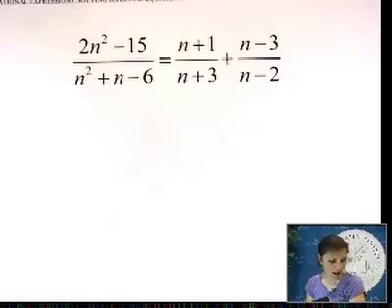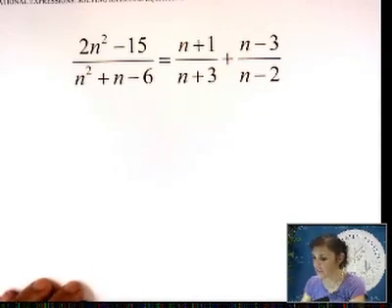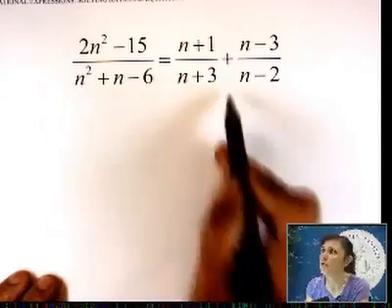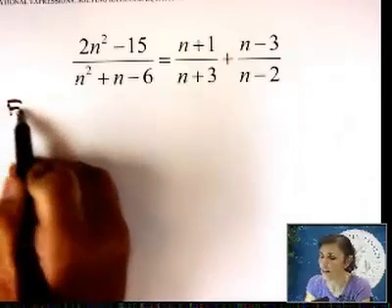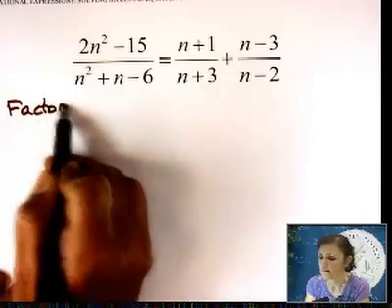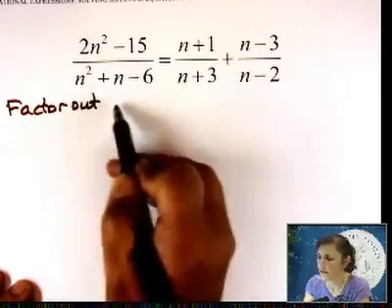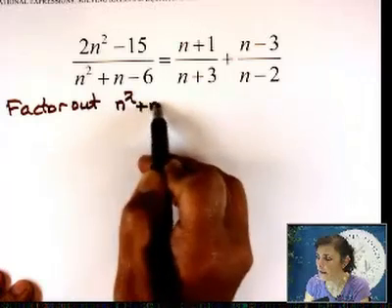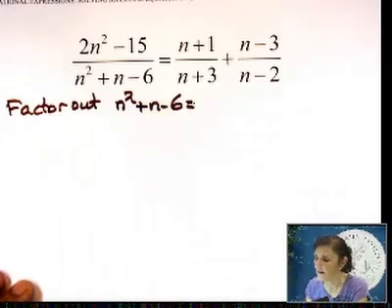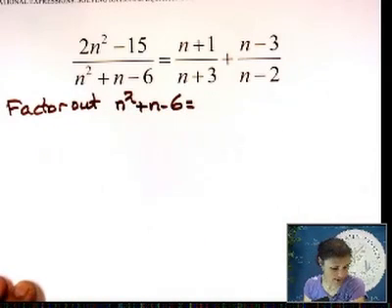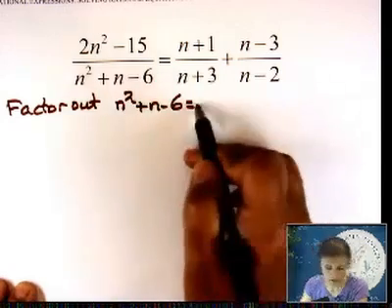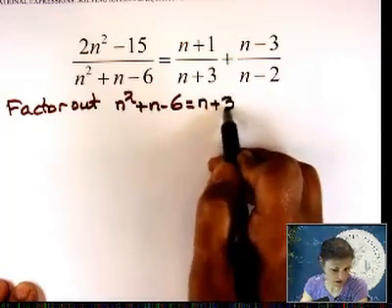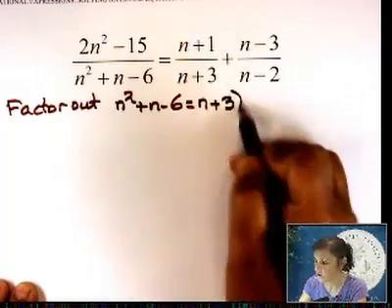All right. Before you do something that is kind of hard like this, make sure that you factor all the denominators. Let's look at n squared plus n minus 6. That one is going to be n plus 3, n minus 2.